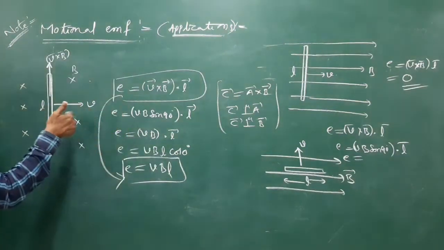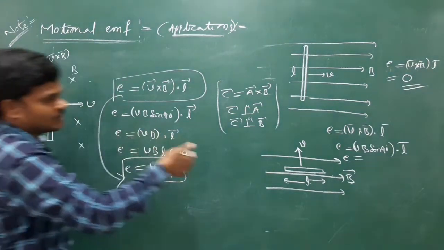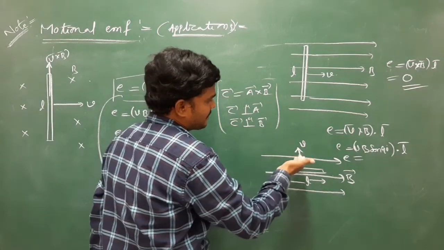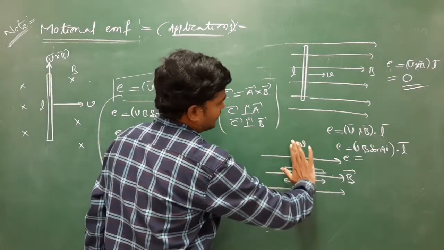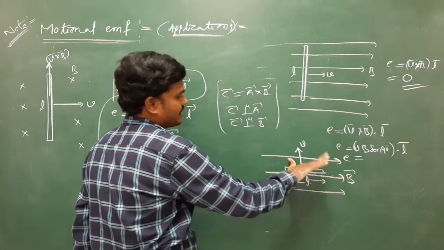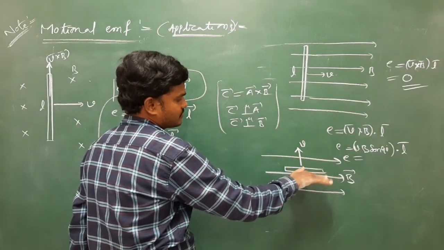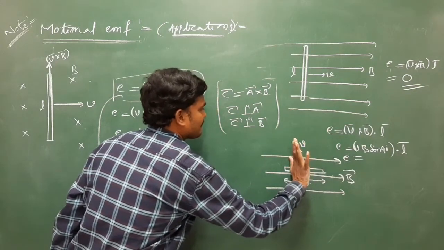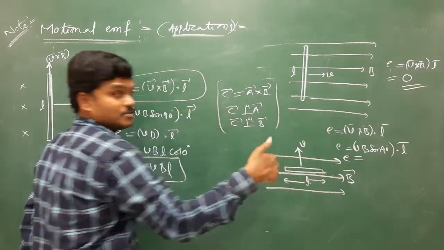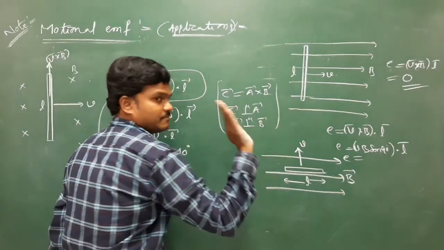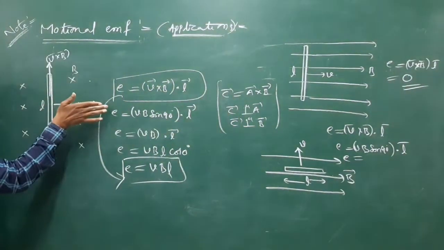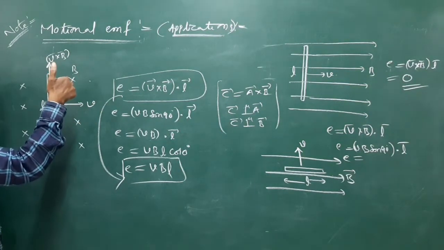V upward, and B. Tell me, here this is V. Use the cross product rule. V upward. This is V cross B.